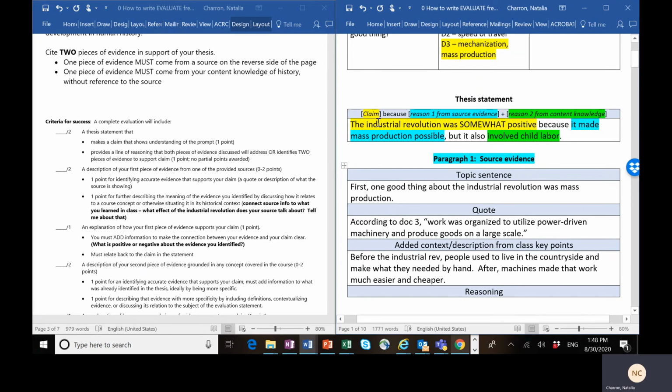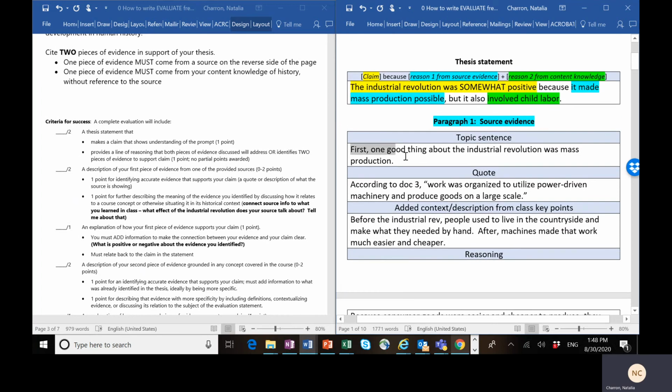In this response, you get 1 point for the claim, as long as it's specific and it says the Industrial Revolution, it has the topic of what you're talking about. And then you get 1 point for identifying 2 pieces of evidence that will become paragraph 1 and paragraph 2. That's 2 points.